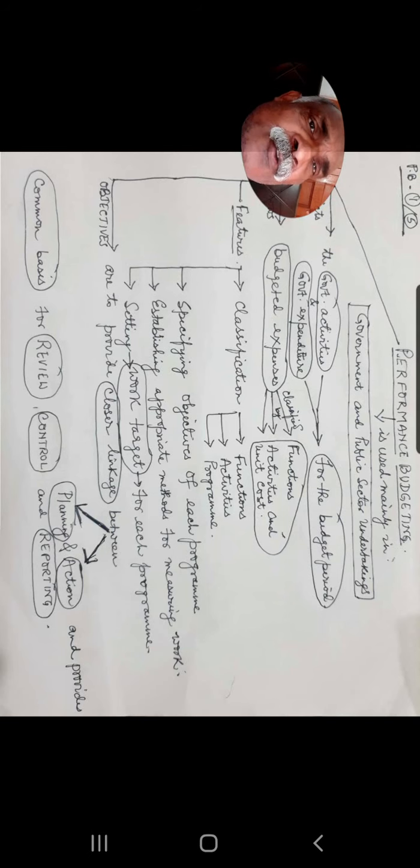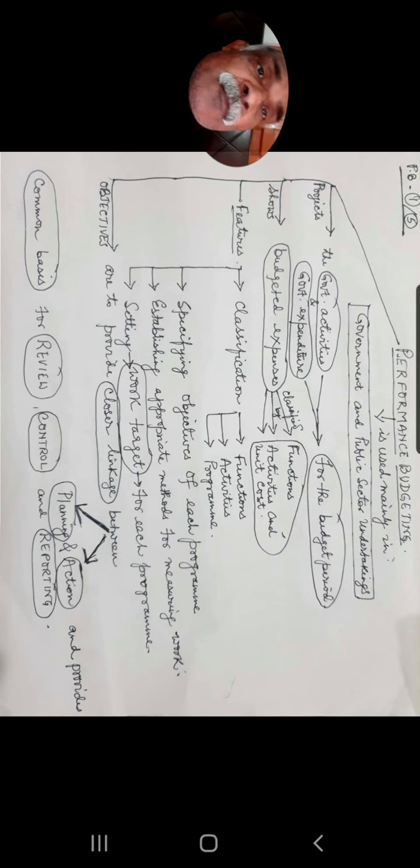This budget is mainly used in government and public sector undertakings, and this budget projects the government activities and government expenditure also. Government activities, you can say, are road construction, building construction, railway construction, hospitals.